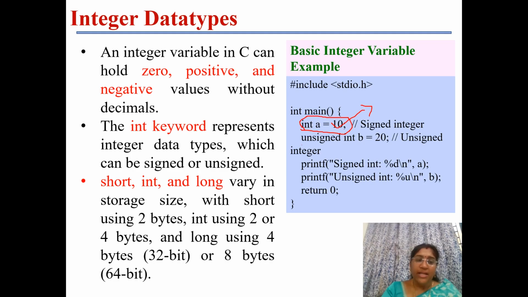For unsigned integer, unsigned int b = 20. In the unsigned b variable we can store only positive numbers. It is very important to specify the format specifier. For signed integer we use the format specifier %d, and for unsigned integer we use %u.